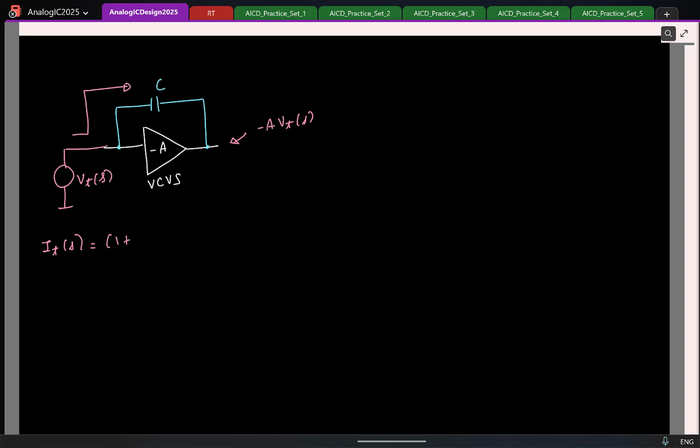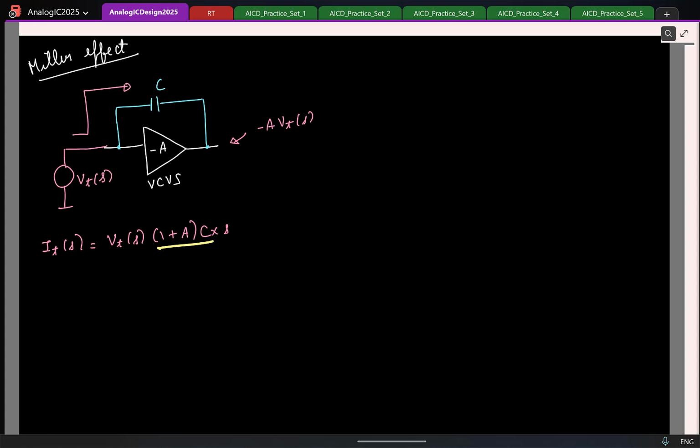So this is Vt of S times 1 plus A times C times S. So the looking-in impedance is a capacitance. What is the value of the capacitance? And this is what is referred to as the Miller effect.